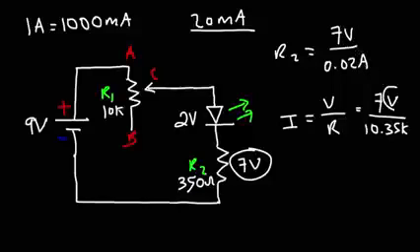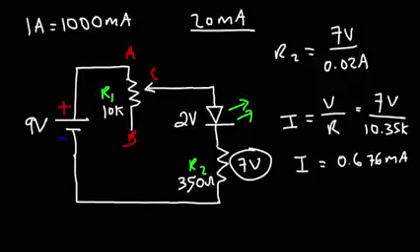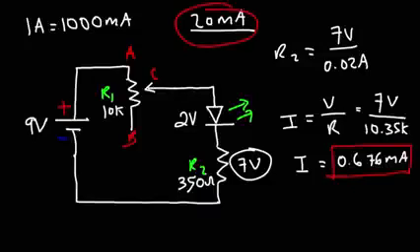If you divide volts by kilo ohms, you're going to get the current in milliamps. 7 divided by 10.35 kilo ohms is going to give us a current of 0.676 milliamps. So with this potentiometer, the current in the circuit can vary between 0.68 milliamps and 20 milliamps.